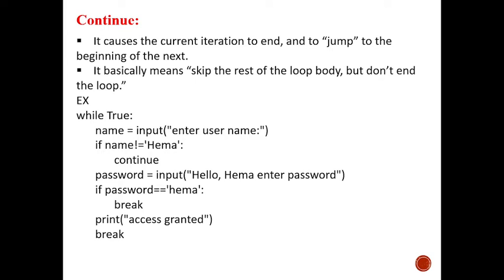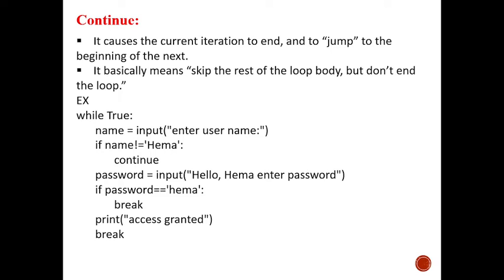That means it causes the current iteration to end and to jump to the beginning of the next. It basically means skip the rest of the loop body but don't end the loop. So you can skip it but you should not end.